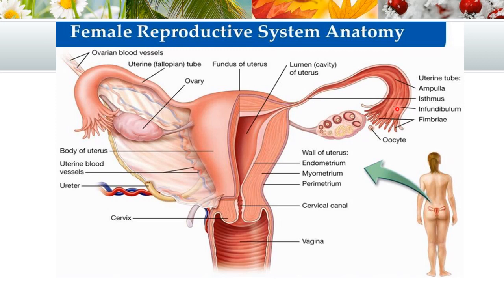This part is called the infundibulum, and then is the dilated portion, which is called the ampulla. The constricted portion is called the isthmus, and this is a uterine part of the fallopian tube or the uterine tube.